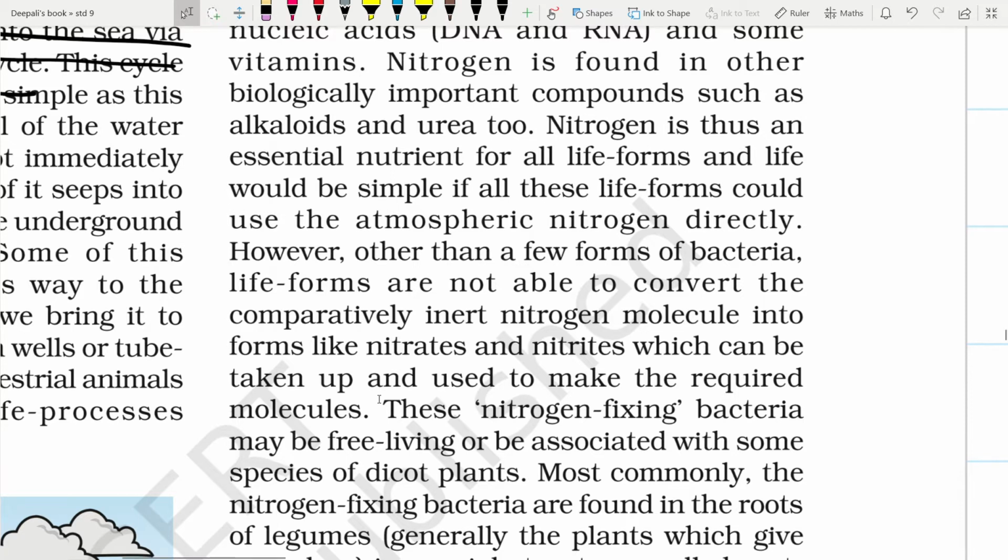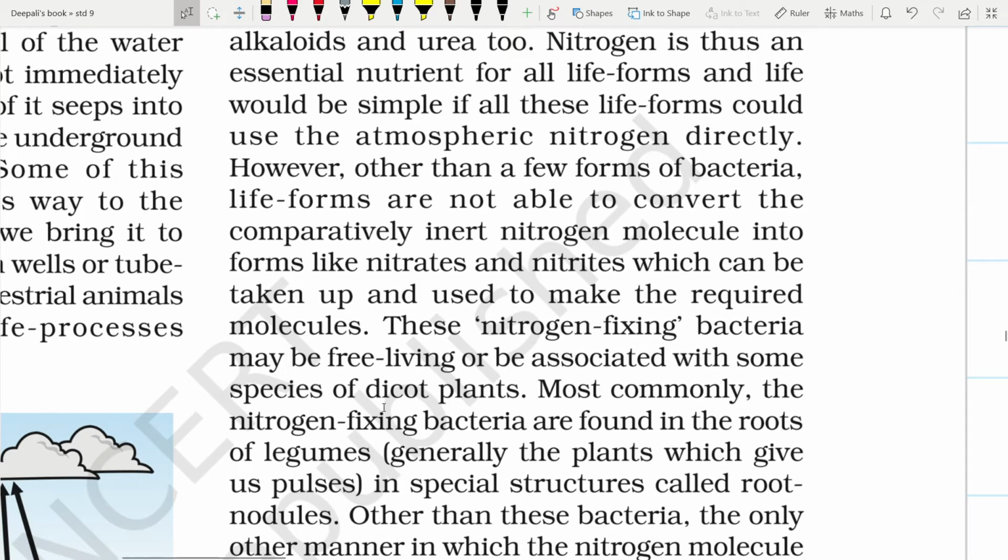These nitrogen fixing bacteria may be free living or in association with other species of dicot plants like legumes. Most commonly, the nitrogen fixing bacteria are found in the roots of legumes.